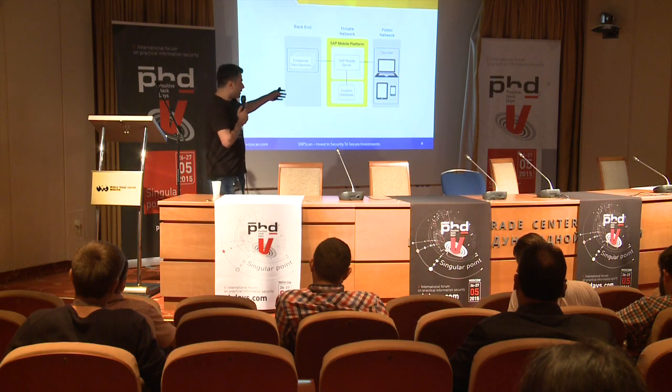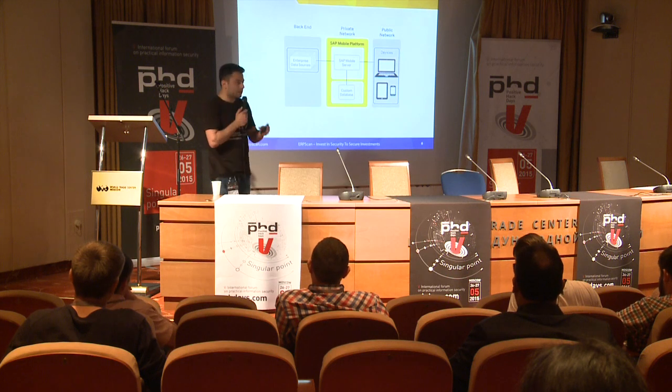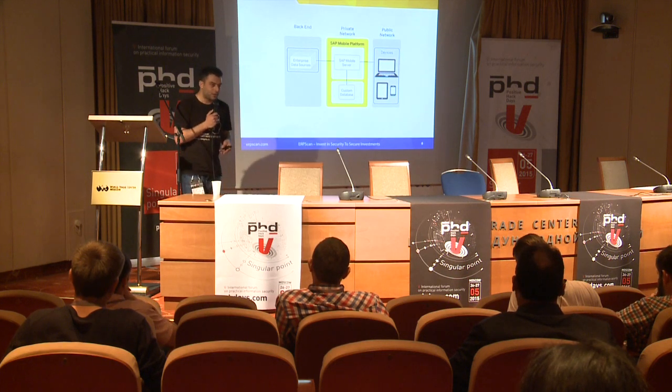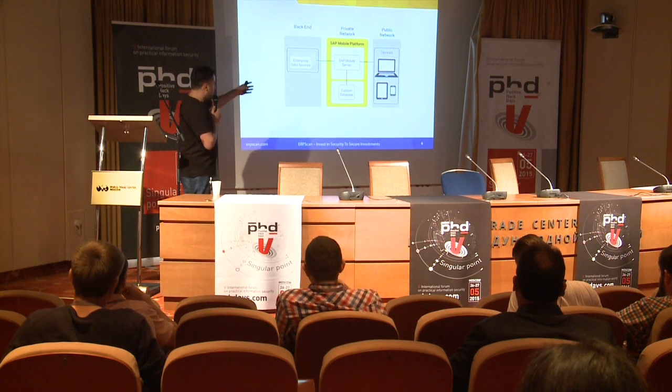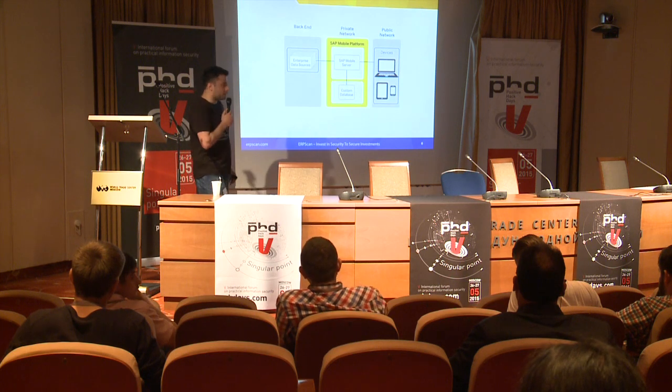It consists of two parts. The first is the SAP Mobile Server, which is the core of the SAP Mobile Platform. The second part is a customer database which contains all the information about the SAP platform.